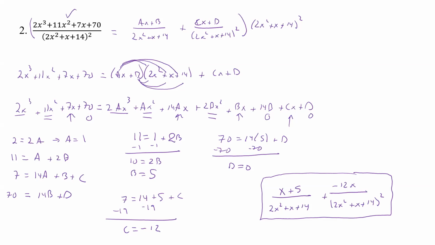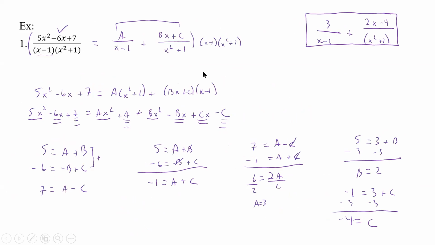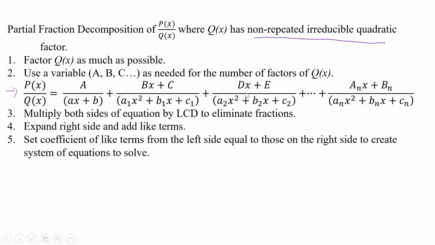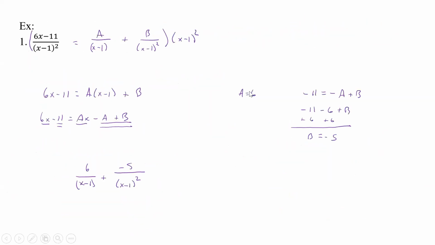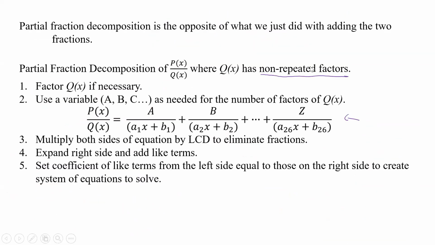All right, so I believe then, yeah, that's all I have. So that finishes 9.4. I'll go ahead and do some more videos later with some more examples, and hopefully that'll help you. But again, a lot of it is just remembering this part here, this is really what's key: repeated irreducible or non-repeated irreducible, or repeated factors or non-repeated factors.